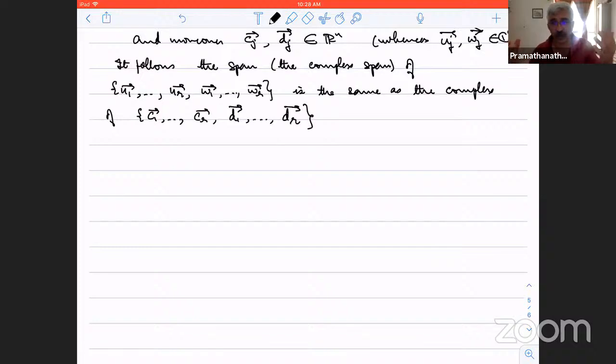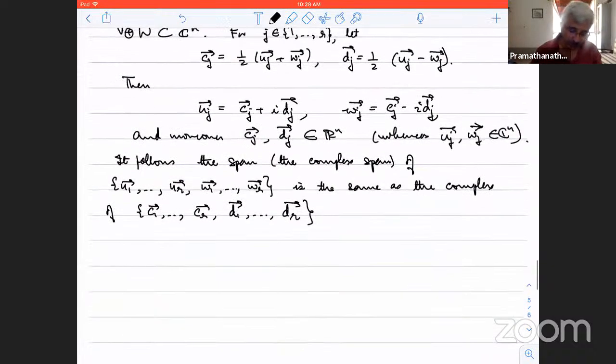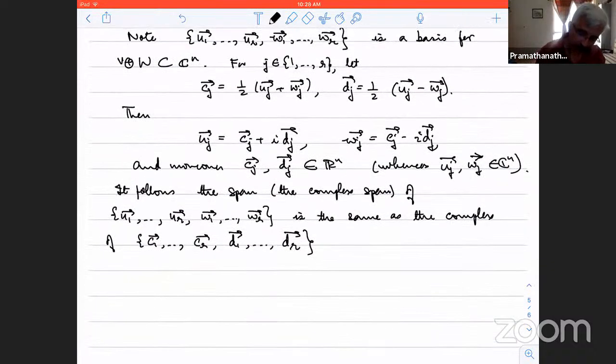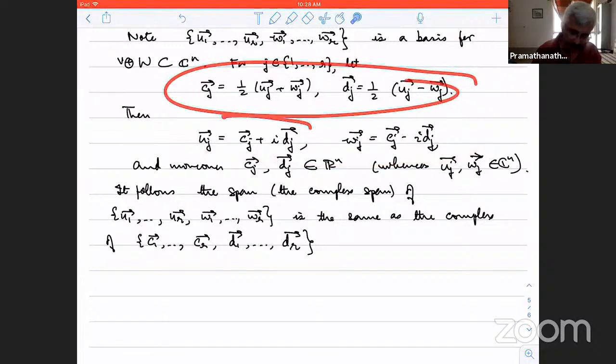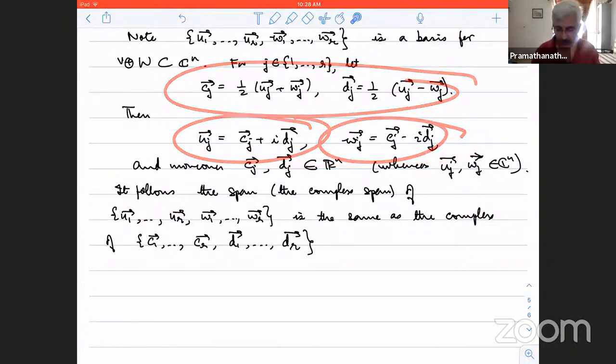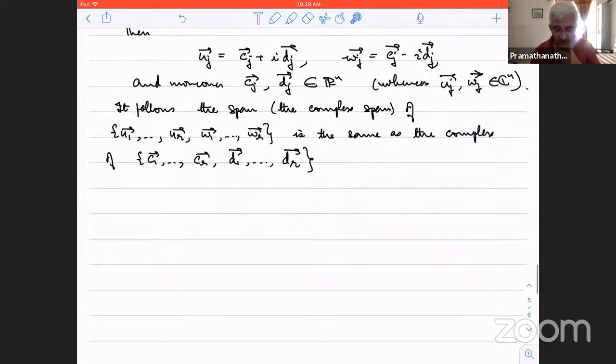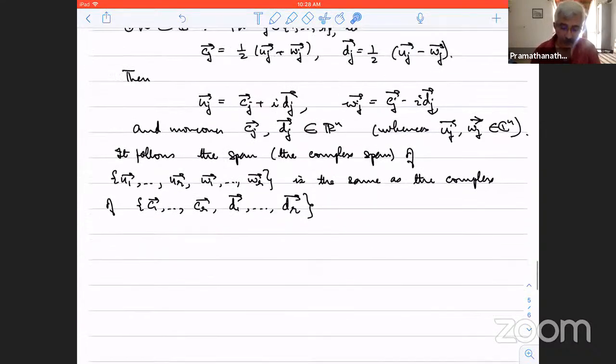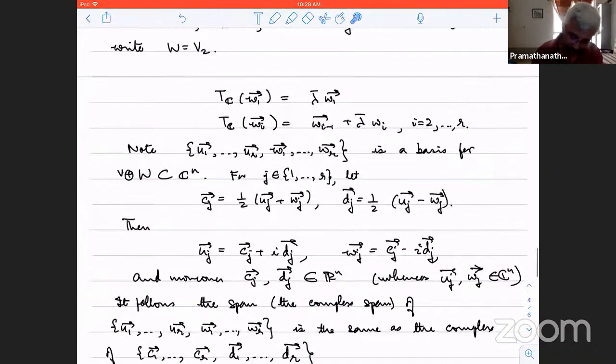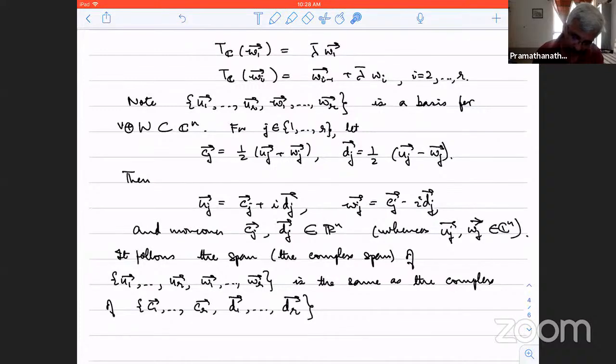From these formulas, it's quite clear that the spans are the same. I've written each as a linear combination of the others. Notice the i's that are coming in here, so obviously I have to talk about complex spans.